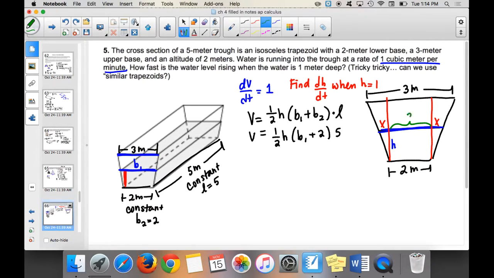It's 2, right? Do you guys see? So if this was 3, and we had 2 down here, what should these ones be? So along the top with the 3, this is also 2. So what should this one and this one be? Yep, 1/2, exactly. So we're drawing in everything we know. So this whole distance is what we're referring to as b1. So b1 is equal to 2 plus 2x.